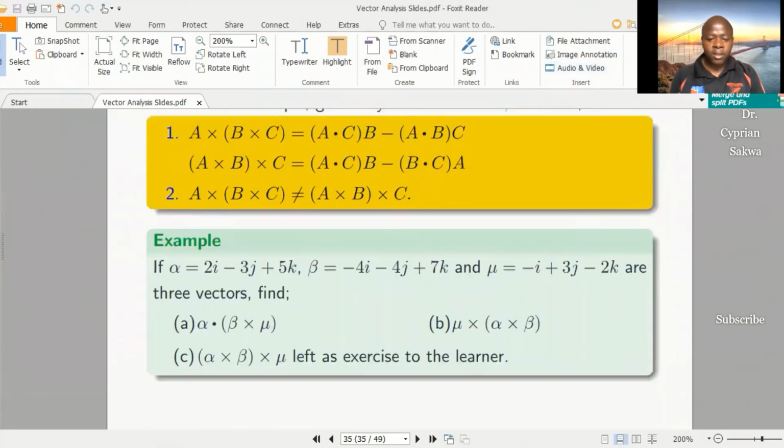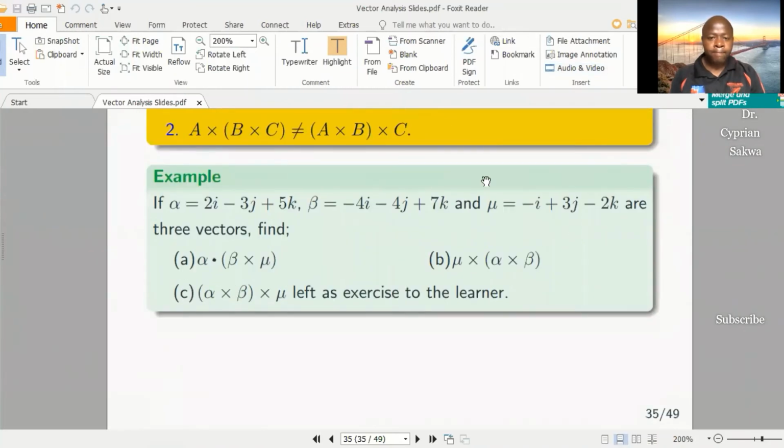So let's look at an example here. The example says let alpha be this vector, beta be this, and mu be that. Find this. We've already done a similar example, and then we have to do this, and this one I've left to the learner as an exercise.